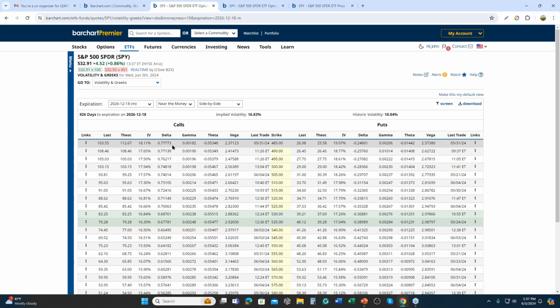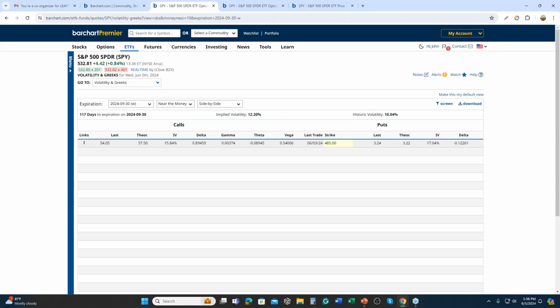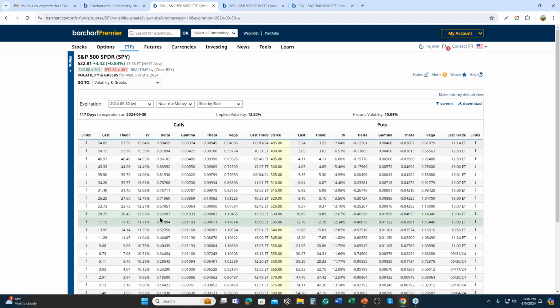Well, that tells us that for every dollar change in the price of this ETF, the option is going to change by 68 cents. If I look at that shorter term 3-month option, notice my delta at the money is a little bit less.